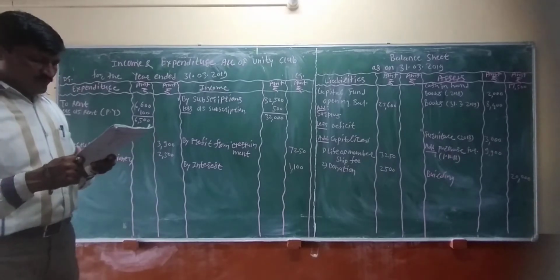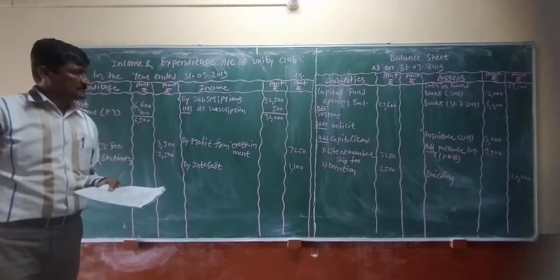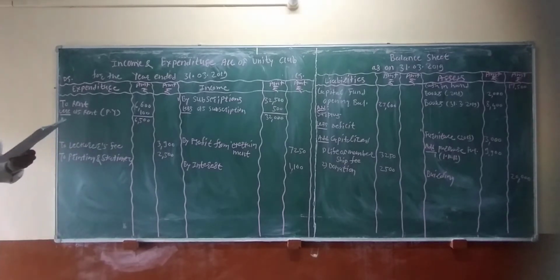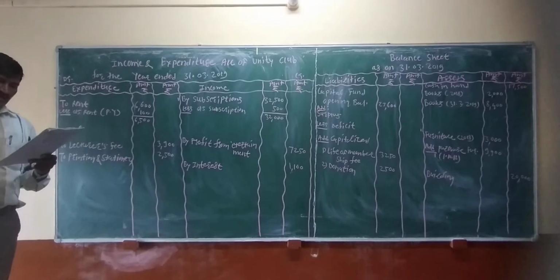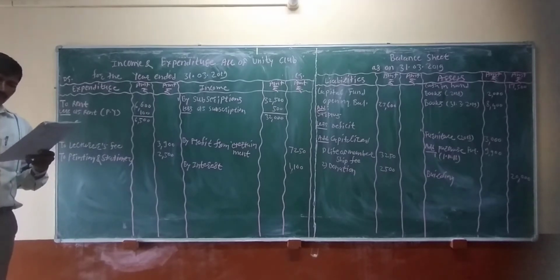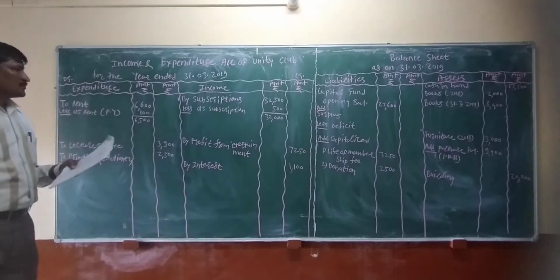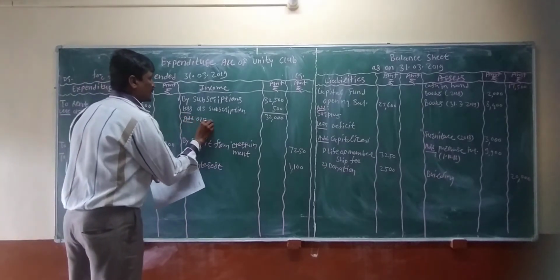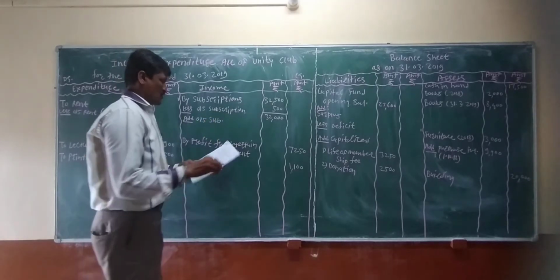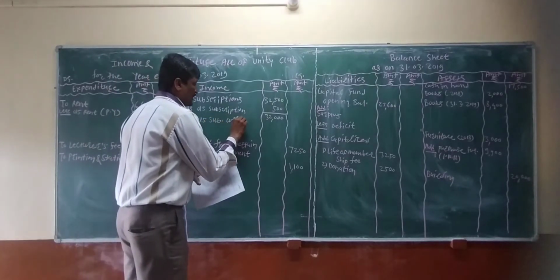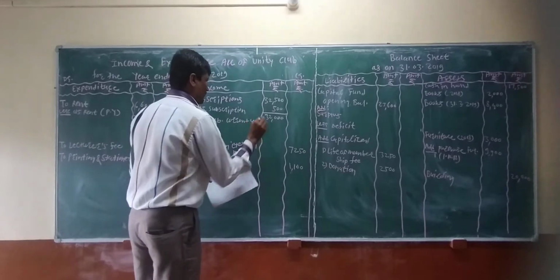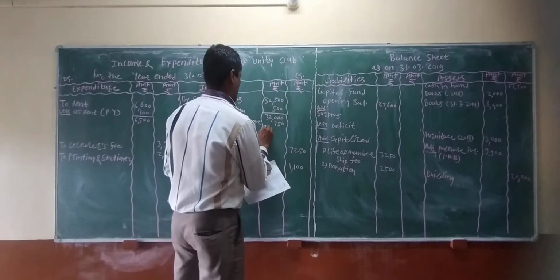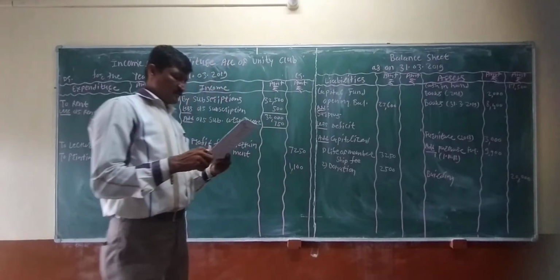Next we can see the additional information. First, subscription outstanding on 31st March 2019 is 750. So add outstanding subscription for the current year, 750.